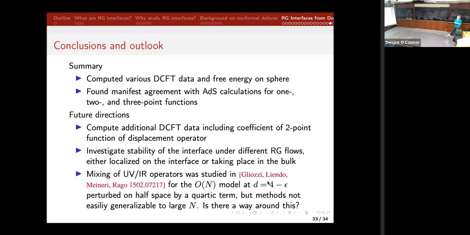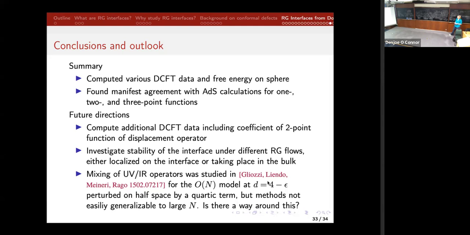But there are a lot of other things you could compute, like 3-point functions, as well as the coefficient of the 2-point function of the displacement operator, which I didn't discuss, but is essentially a protected operator that occurs when you break translation invariance.